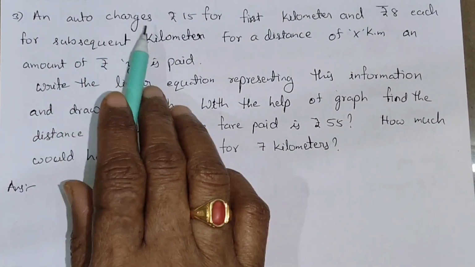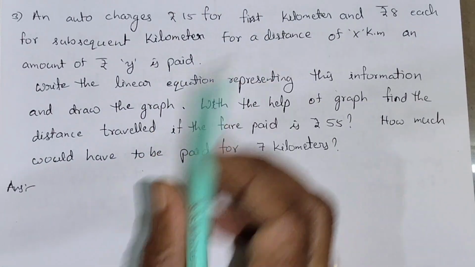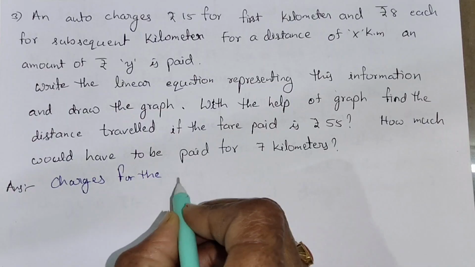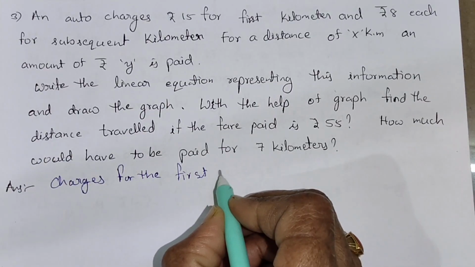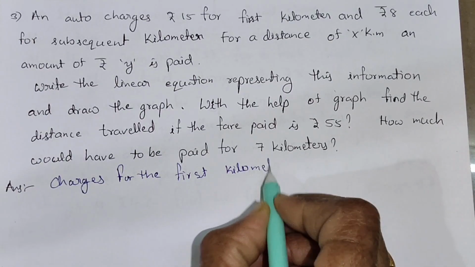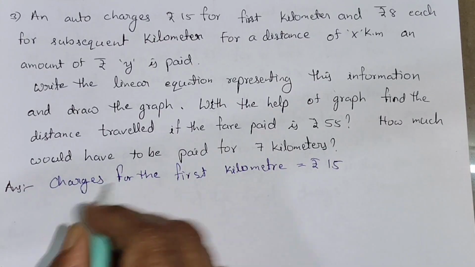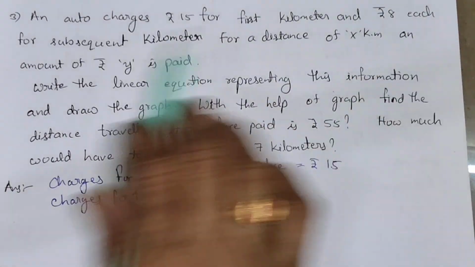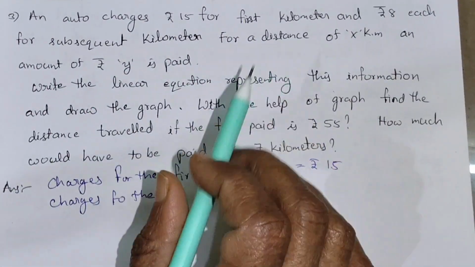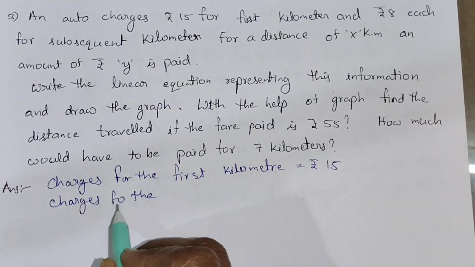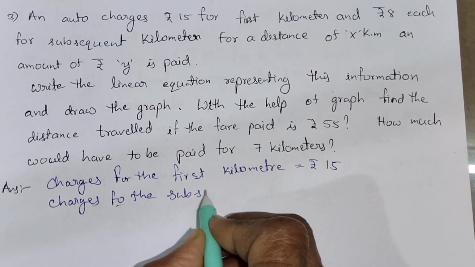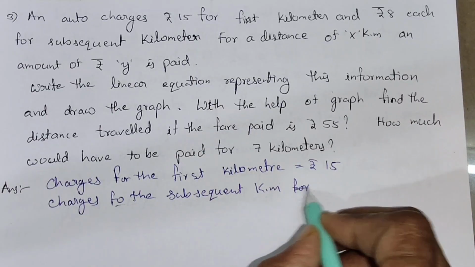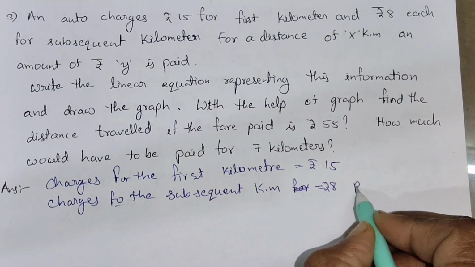So first, an auto charges 15 rupees for the first kilometer. The charge for the first kilometer is equal to 15 rupees. Next, the charge for each subsequent kilometer, for a distance of x kilometers, is 8 rupees per kilometer.